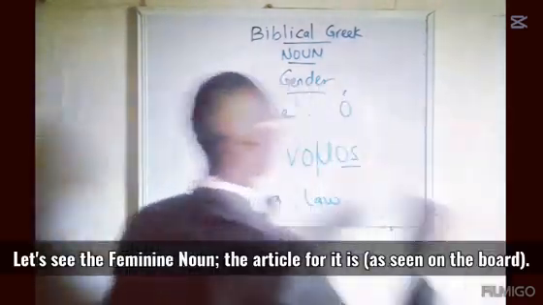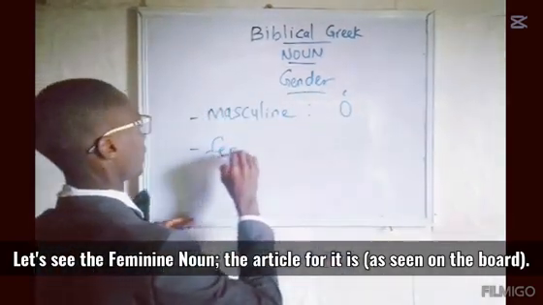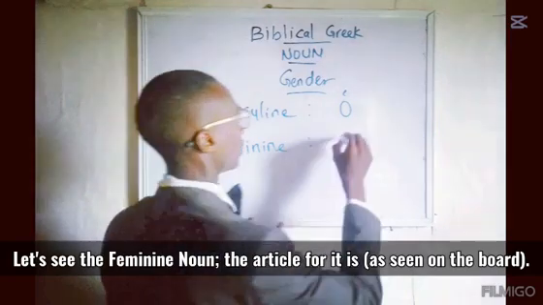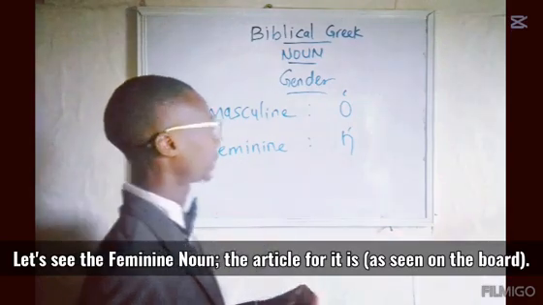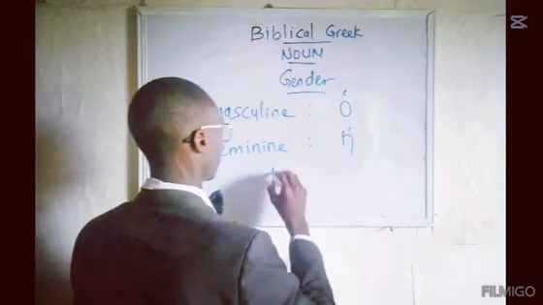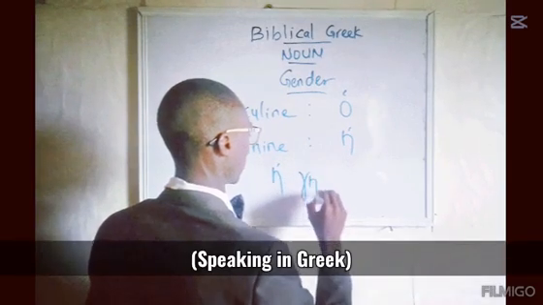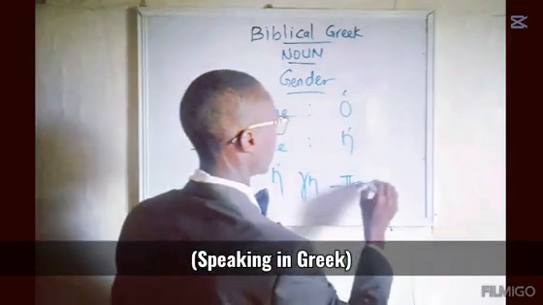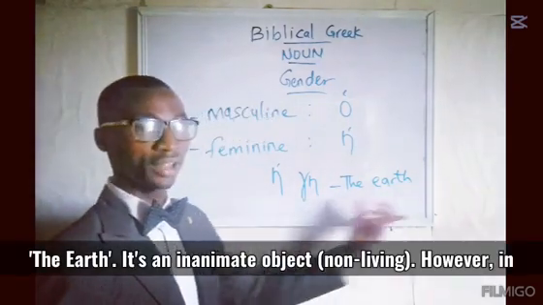Now let's see the feminine. Now feminine also, the article for it is hē. Hē. Okay. Now we have an example, let's use gē, and this means the earth, the earth.